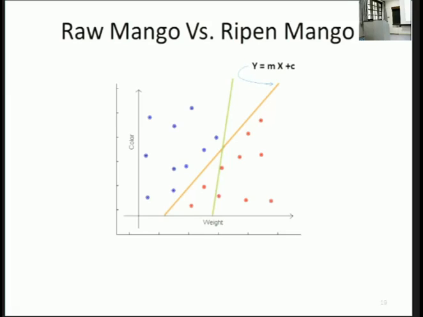It would probably come somewhere here, and then I'll see if it is on the right of the line or the left of the line. Now the question is, how do you find the line? That is what the textbooks are written about. Believe me, thick textbooks are written about these lines. If the point is on the right, you call it a ripened mango. If it's on the left, it is a raw mango.